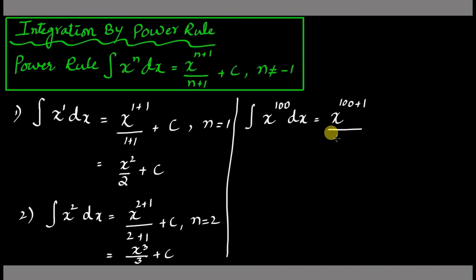So x raised to power 100 plus 1 over 100 plus 1, plus c, which is x raised to power 101 over 101 plus c. So this belongs to the case when n is a positive integer.